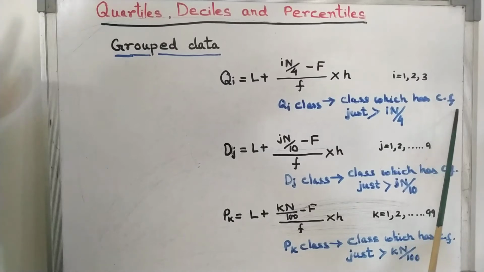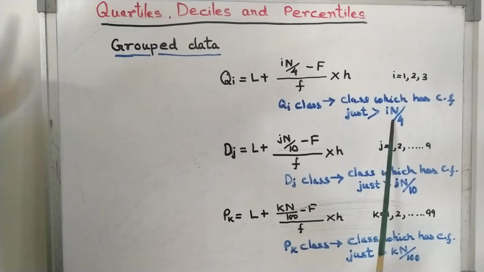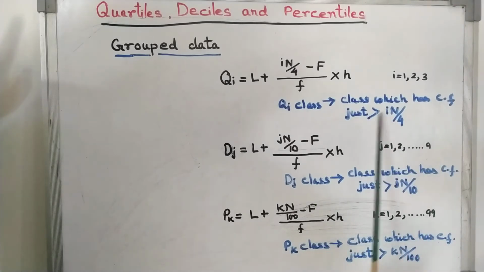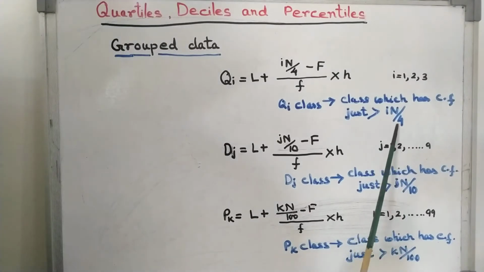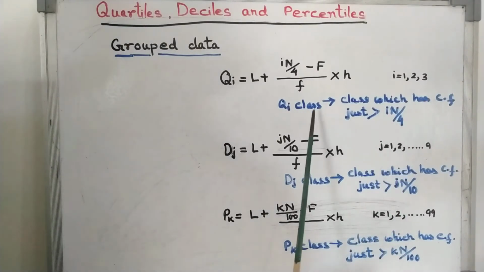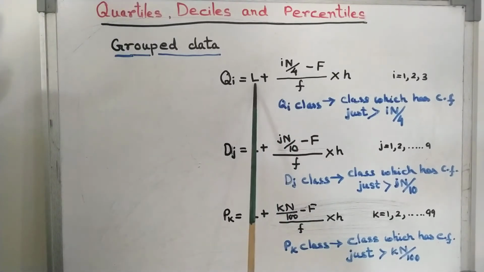So you must prepare the cumulative frequency column. There you check the class which has cumulative frequency just greater than i n by 4. First you find the quartile class, then from there you take the values.